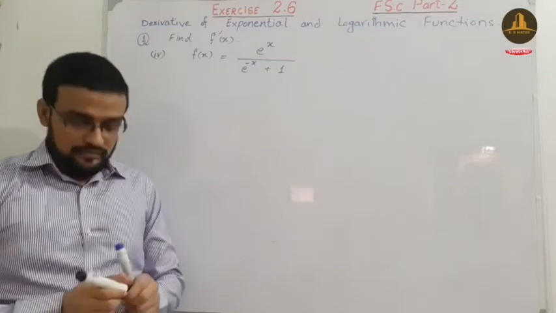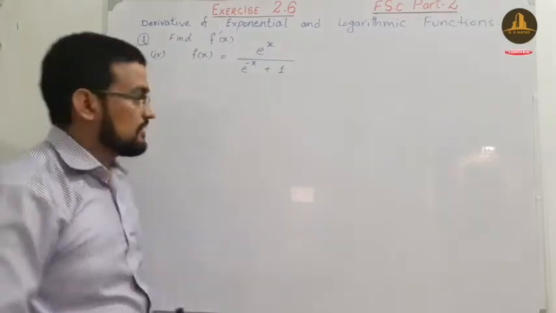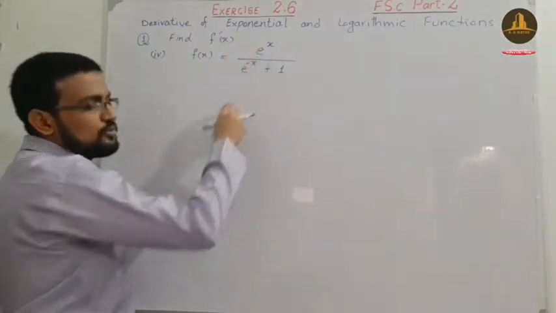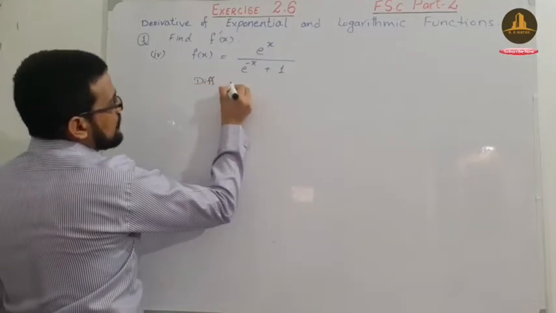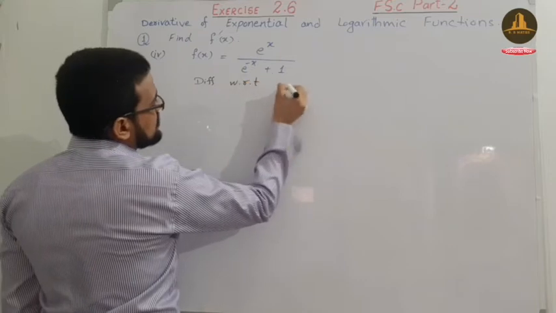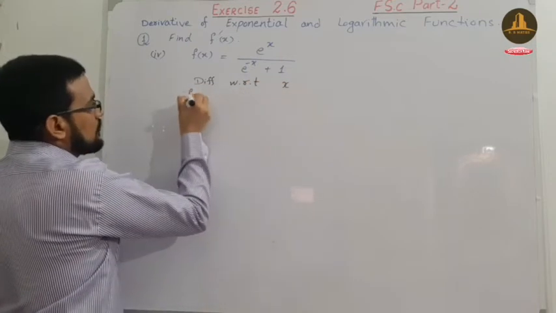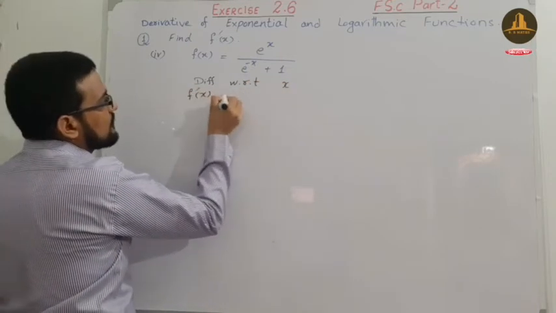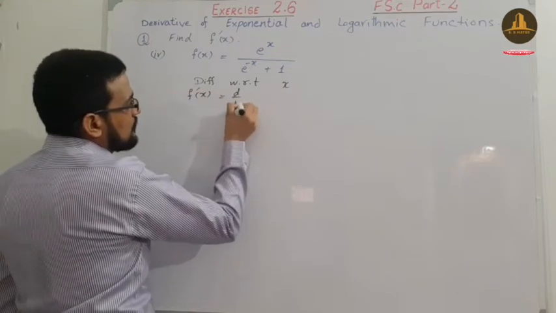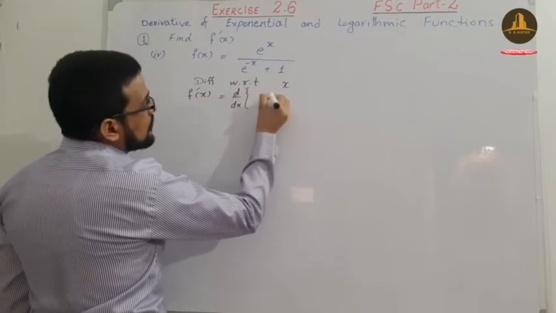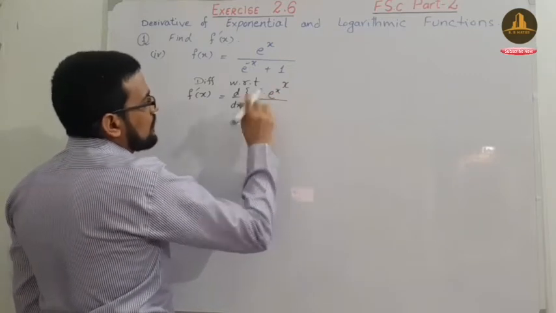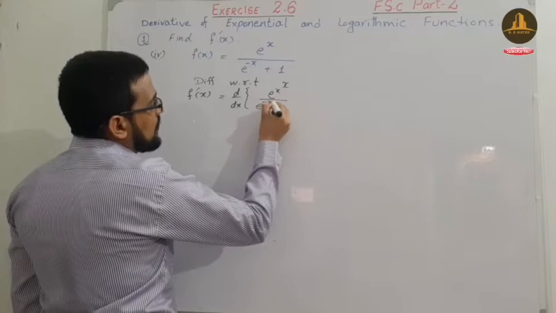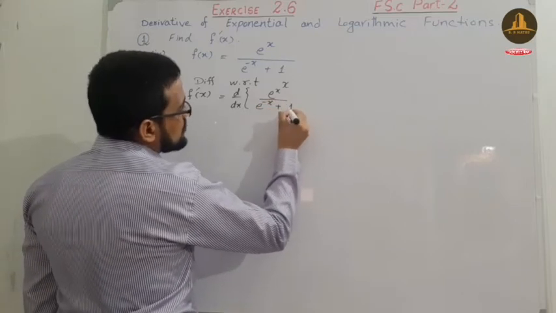so differentiate with respect to x and follow the division quotient rule. Differentiate with respect to x, f prime of x equals the derivative of e raised to power x divided by e raised to power minus x plus 1.